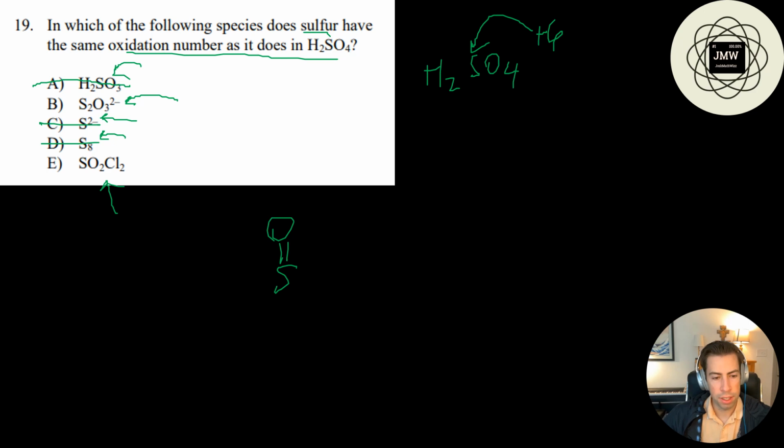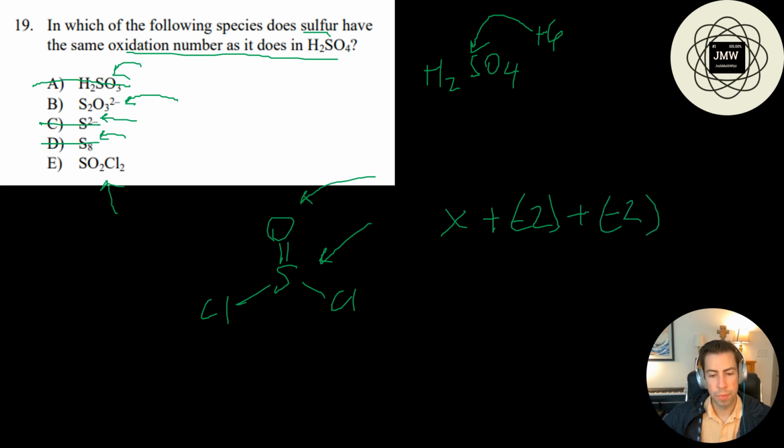That's going to look like this. And again, you don't have to know the structure, but this is just kind of what it's going to look like. So basically, I need some value for S, so I'll call it X, so that whenever I add -2 to it, because I have an oxygen, and then I add another -2 to it because I have 2 of these that are going to have the -1 oxidation number, this has to equal 0.